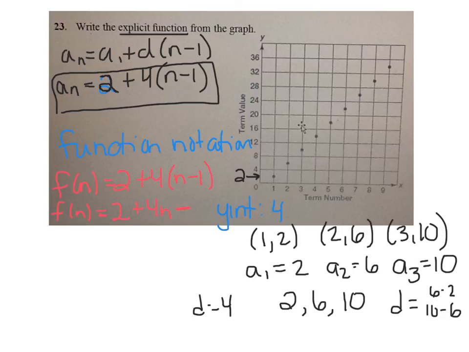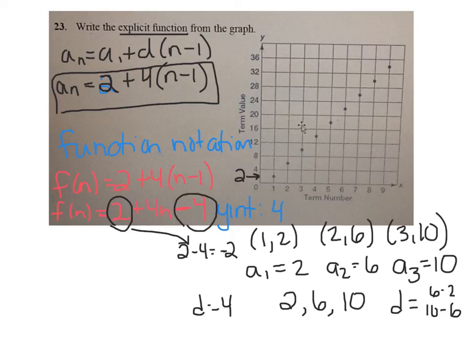So positive 4 times a negative 1 is a negative 4. Now our last thing is to combine our like terms. We've got a 2 here and a negative 4 there, and 2 minus 4 leaves me with a negative 2.